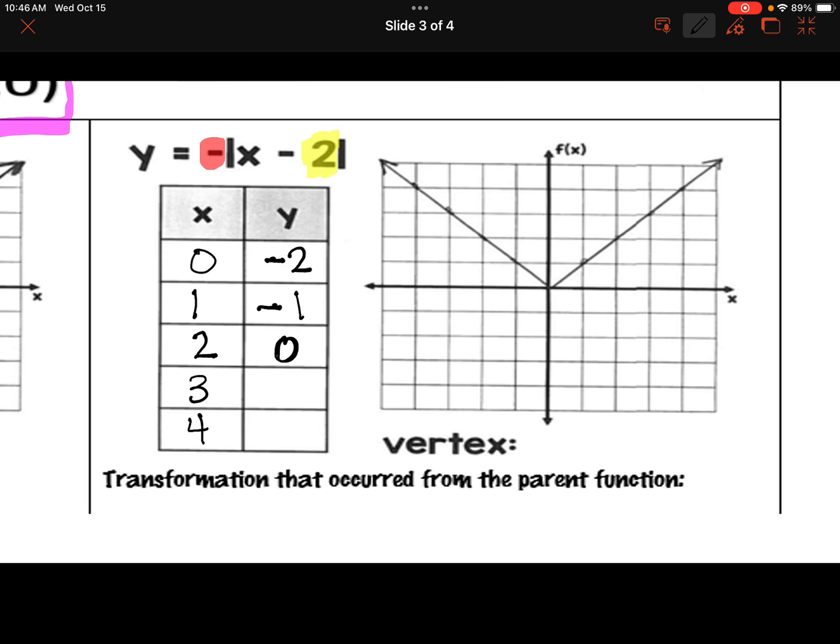The absolute value of 1 is 1. -1 times 1 is -1. And then 4 minus 2 is 2. The absolute value of 2 is 2. -1 times 2 is -2.